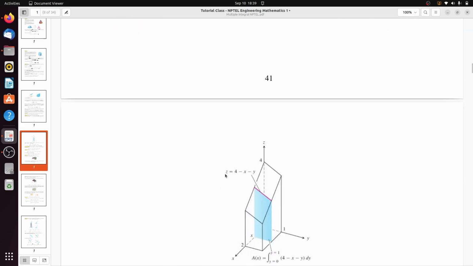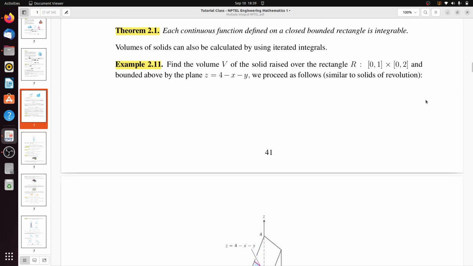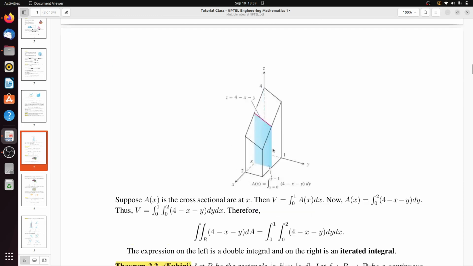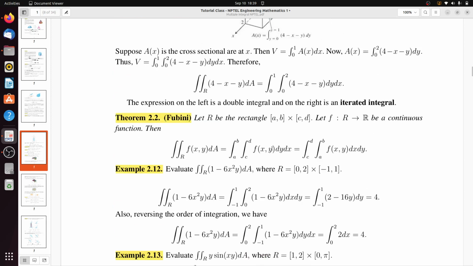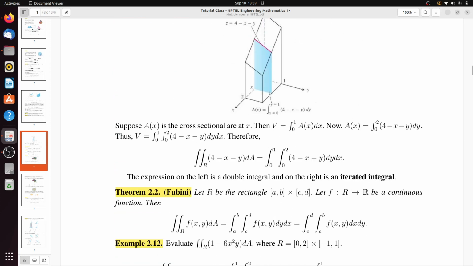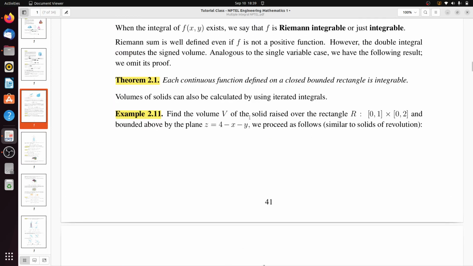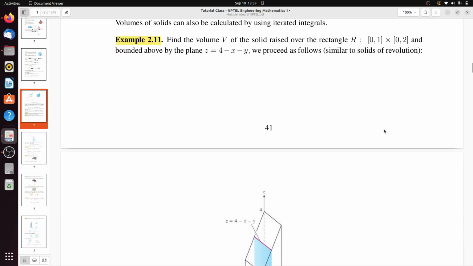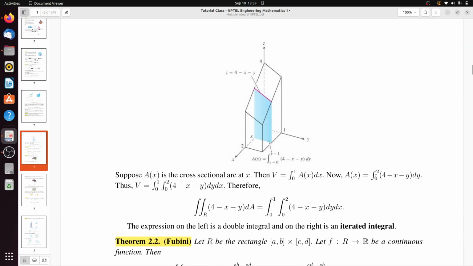See, the shape of this plane is like that, and you are to integrate in between the square domain 0 to 1 and 0 to 2. So z is 4 minus x minus y. You have to just integrate 0 to 2 times 0 to 1. So it is actually an application of double integral.